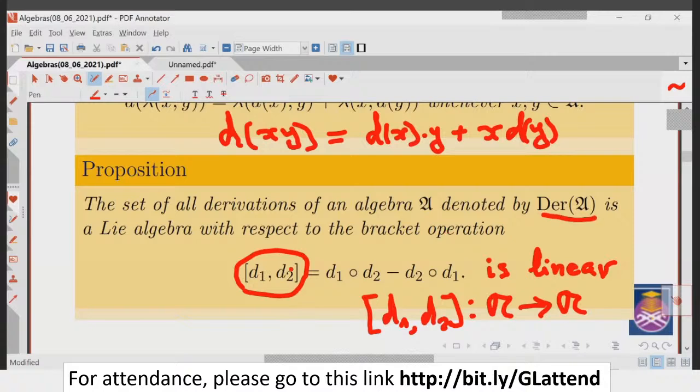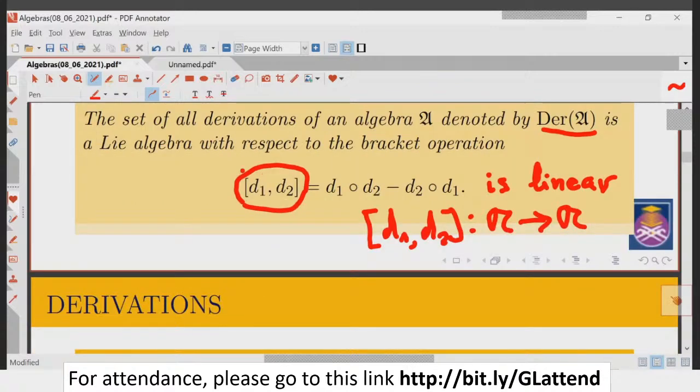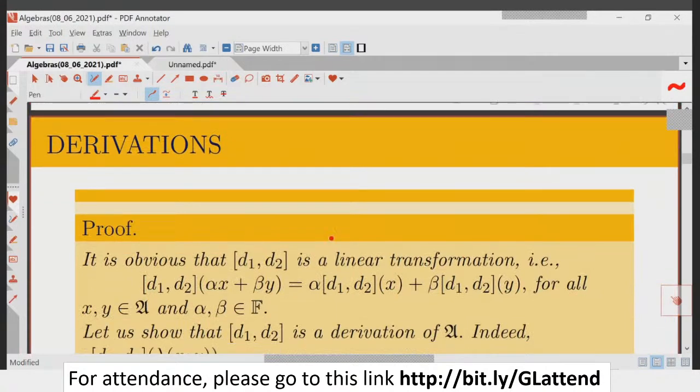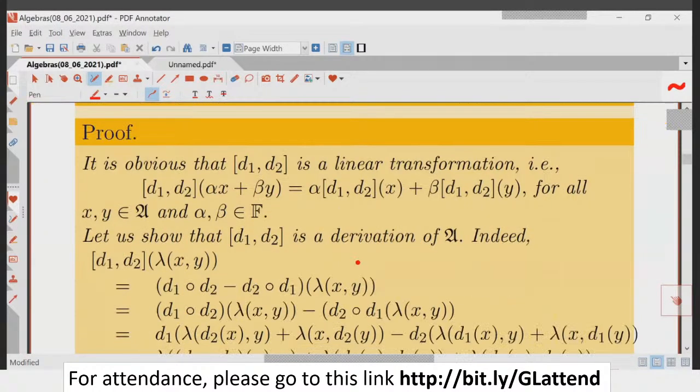This will be a bilinear function on that algebra. So we need to prove this is a derivation. It satisfies the Leibniz rule. Here is a proof of that. By the way, this is the linearity.